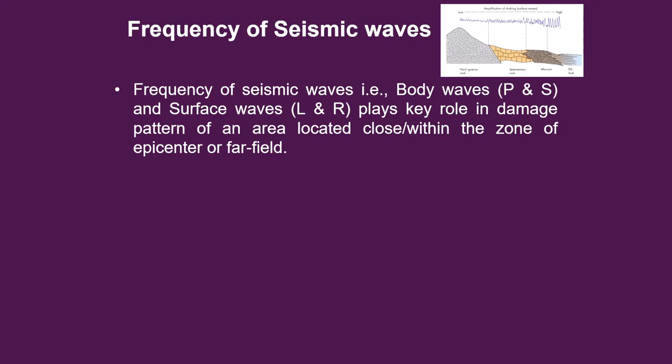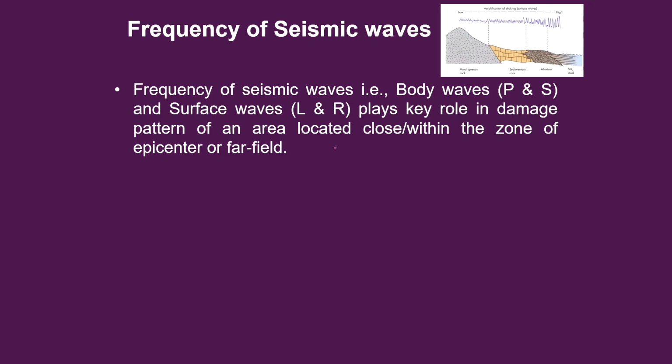So, the frequency of seismic waves, again, is not homogeneous, because we have learned that we have different wave types, body waves and surface waves. So, the frequency of seismic waves, if we consider the body waves P and S and the surface waves, Love and Rayleigh, plays an important role in damage pattern.